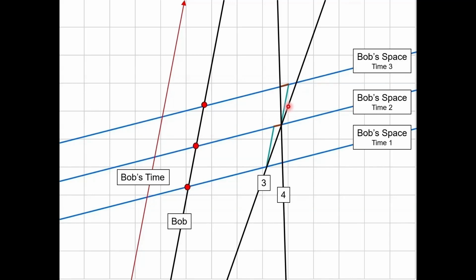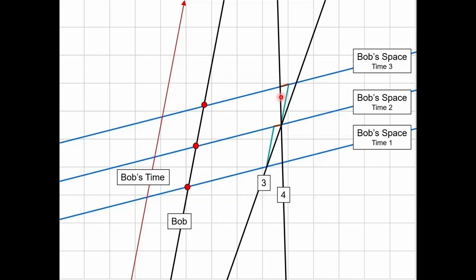The difference is that particle 3 is moving away from Bob and particle 4 is moving towards Bob. And we can see that the angle between Bob's world line and world line number 3 is smaller than the angle between Bob's world line and world line number 4, even though the value of the speed is the same.